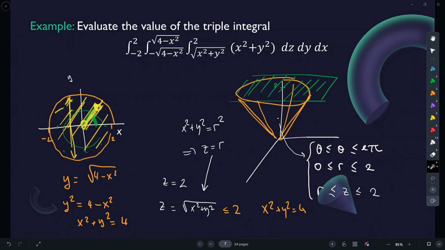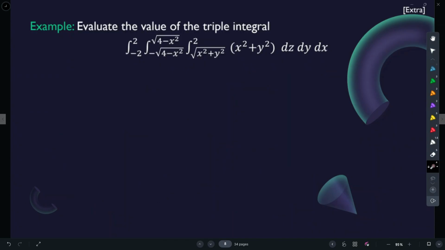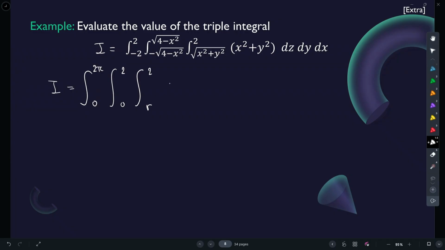Great. So now I can express this new integral in cylindrical. We go from 0 to 2 pi in theta. We go from 0 to 2 in r. The z one goes from r up to 2. And now also, the inside function itself has to be transformed to r and thetas and z's.